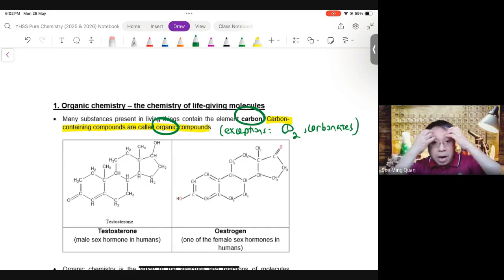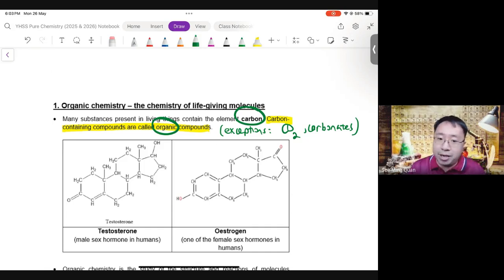All right. And this is where I want to talk a little bit about history. Very often, many students will complain that organic chemistry seems very different from the rest of the chemistry that you have learned previously. But there's a reason for this. Organic chemistry did not come from chemistry. Organic chemistry came from the study of biology, life sciences.